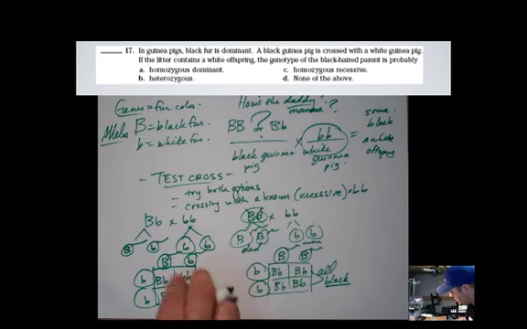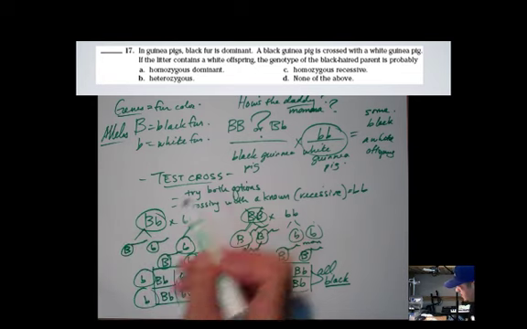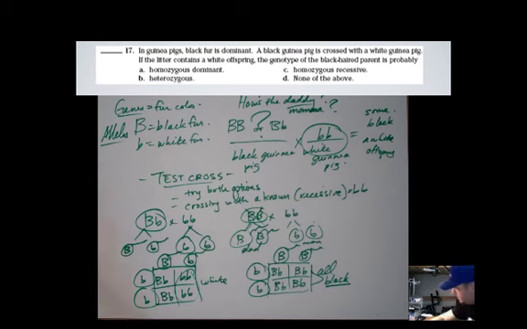These are white. So you get 2 black, 2 white here. So we get some white here. So the parent must have been this form. So what's our answer? That our parent was heterozygous. So the answer is B.